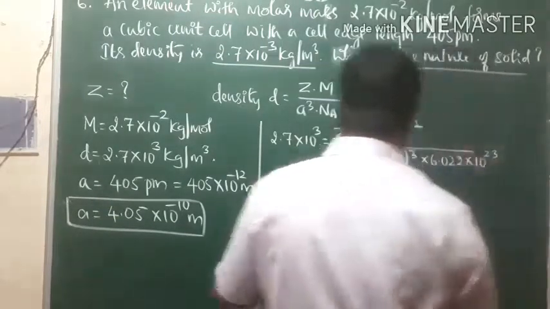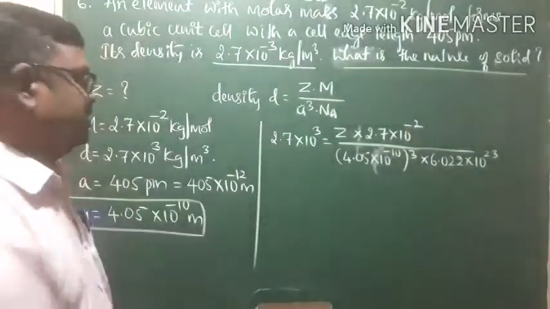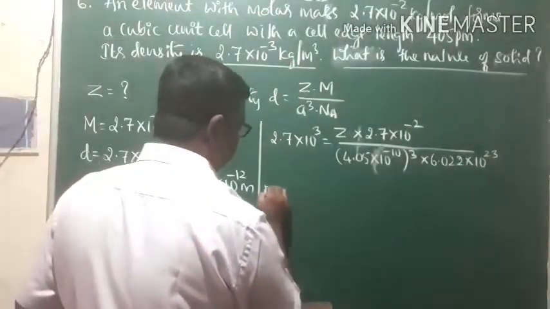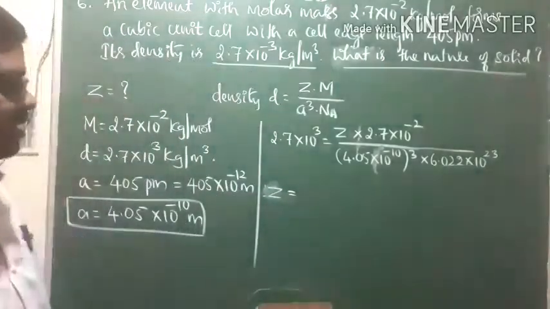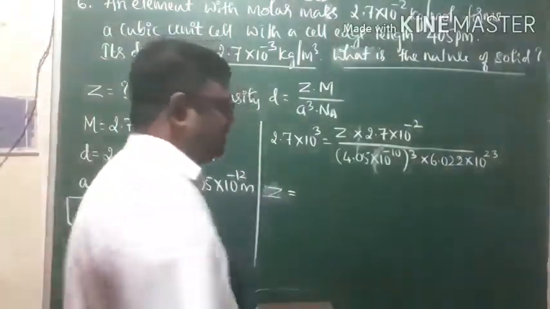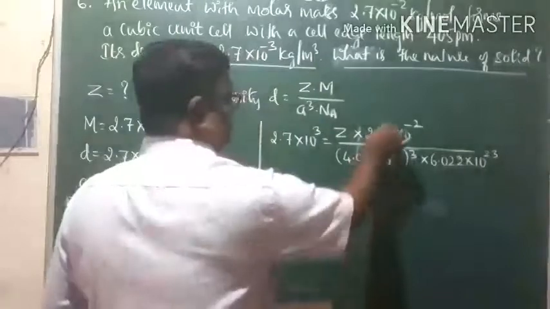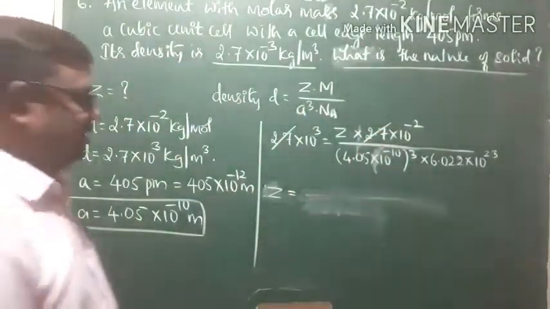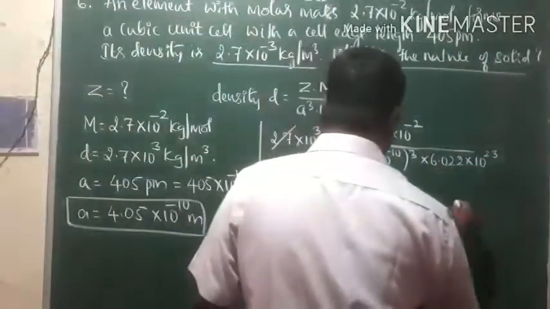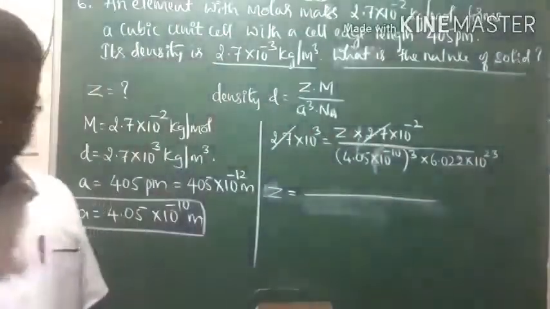This is the substitution here. And you calculate Z here. We'll see that simplification. Then 2.7 cancels. No problem. Then we'll simplify that to get the Z value here.